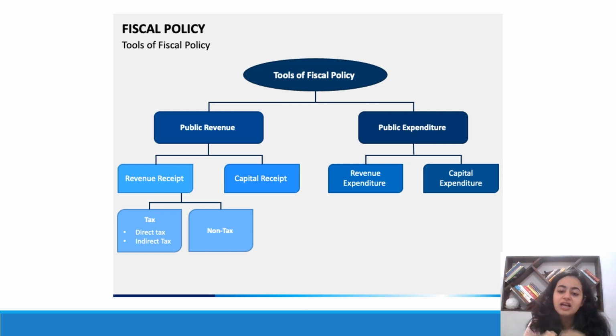They can be classified again into revenue and capital expenditures, but government is basically making expenditures on all kinds of public provisions for the people. So again, there are two types of tools: revenue tools and expenditure tools. The major revenue is the tax, and the major expenditure is on public goods and services.